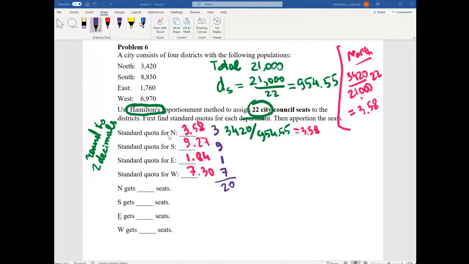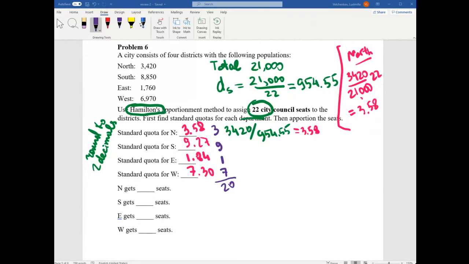Okay, oh, I need one more. And okay, so please choose which two districts must get the extra representative seats.